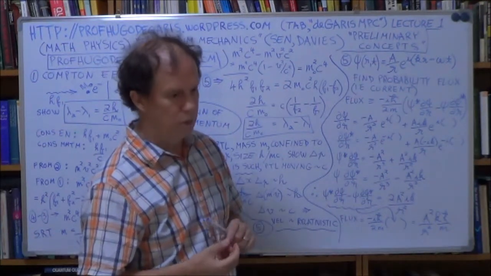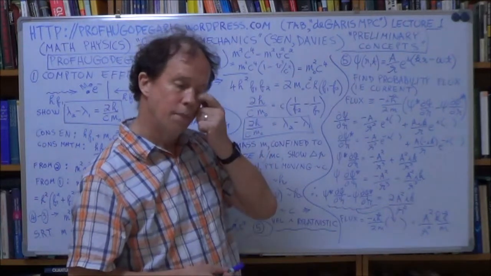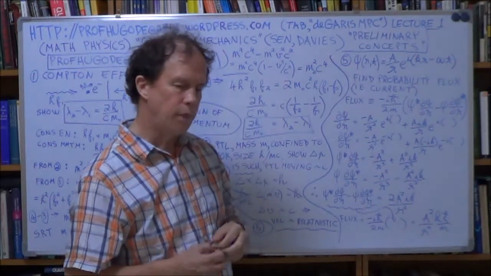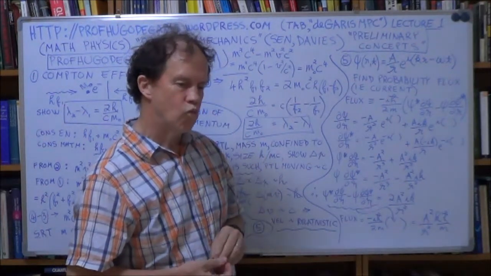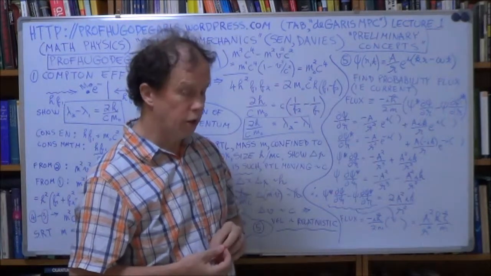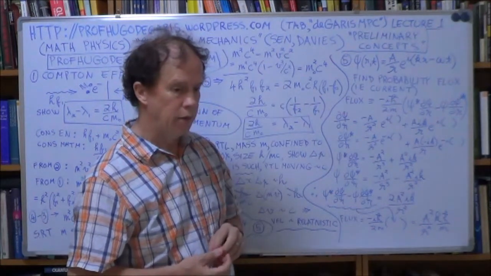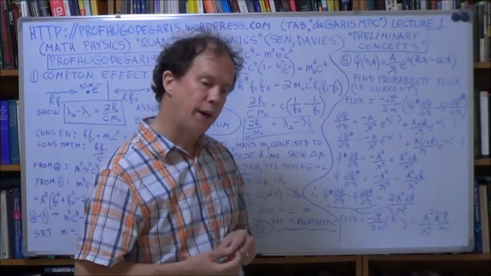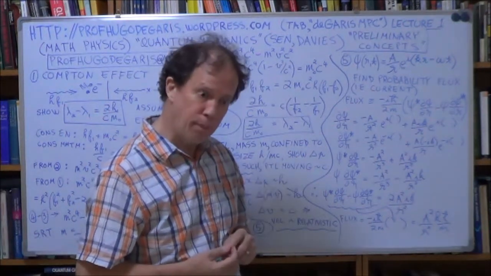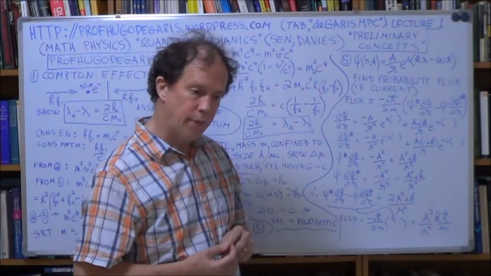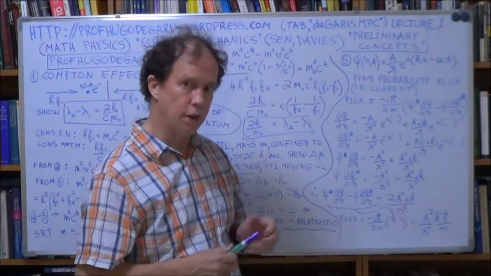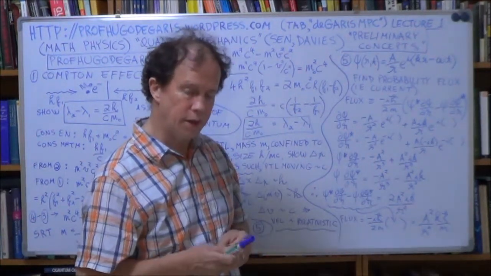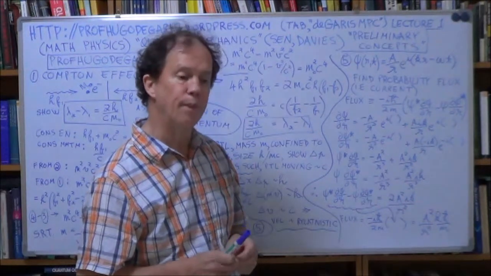Now lecture 2 we will start by taking the Schrödinger equation, and we will in a sense split it up into a part that depends on time and a part that does not depend on time, depends only on the position.